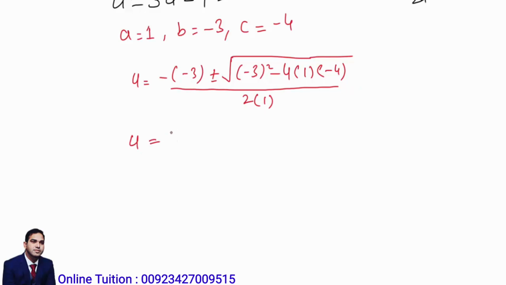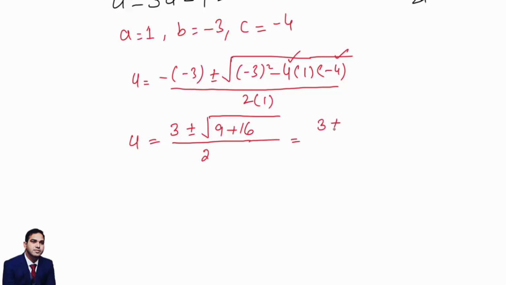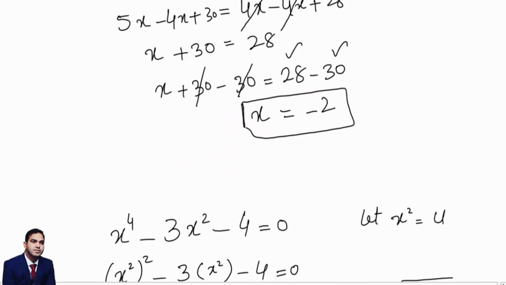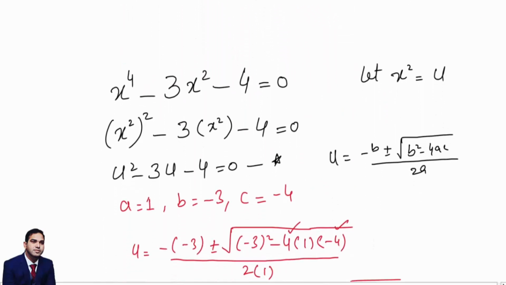So simplify this: 3 plus minus square root of, negative multiplied by negative will be plus, this is 9 and this is plus 16, because this negative 4 multiplied with this negative 4 will be 16. And after that you can see that here is 2a, that is equal to 2. You can write 3 plus minus square root of 25, divided by 2. This is the value after putting the values in the formula.